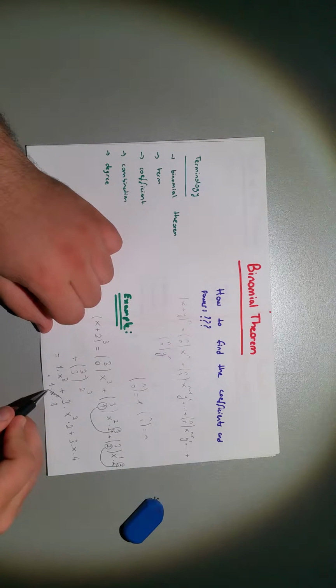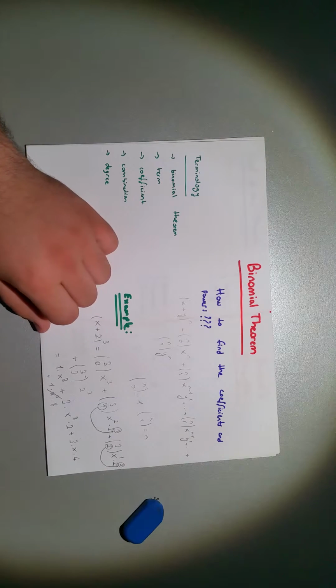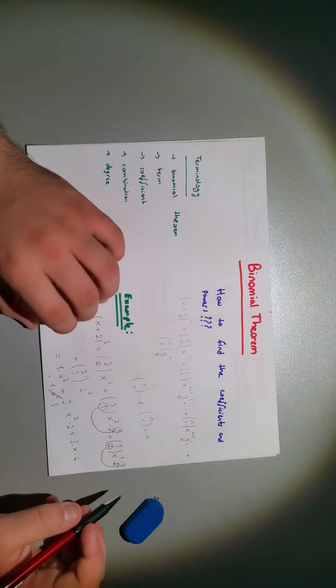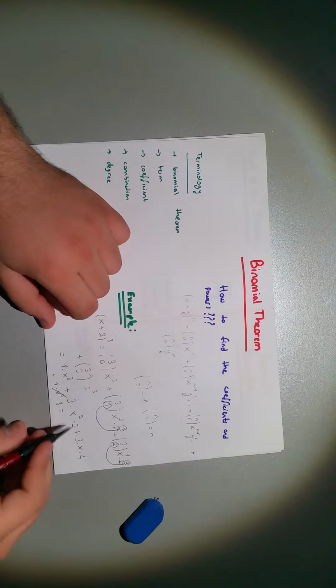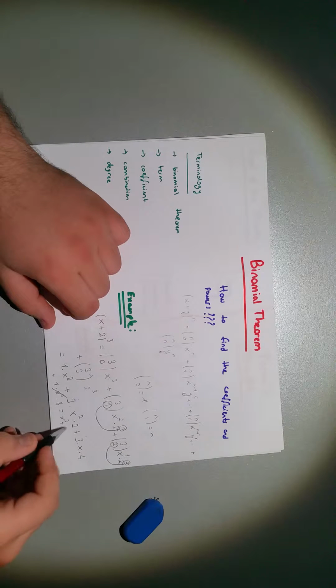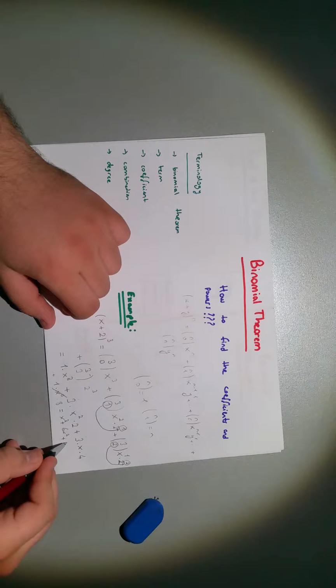Now it's actually 1, so I don't need that. It is x cubed plus 6x squared plus 12x plus 8.